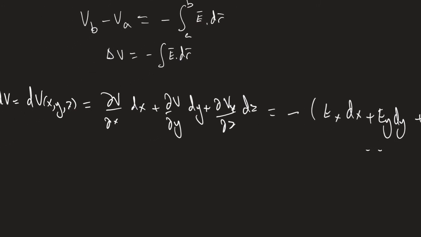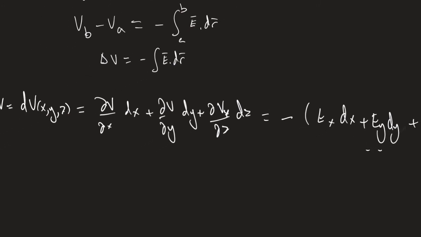Watching this equation, I'm paying attention that what is multiplied by dx is the Ex, and what is multiplied by the dx is the derivative of V with respect to x. You have that Ex is minus the derivative of V with respect to x.